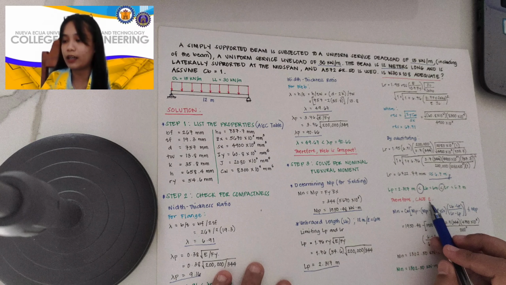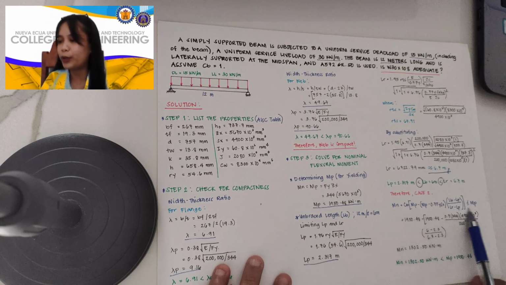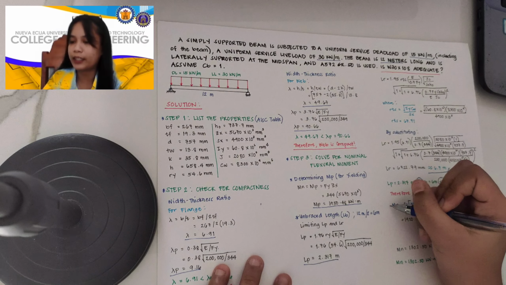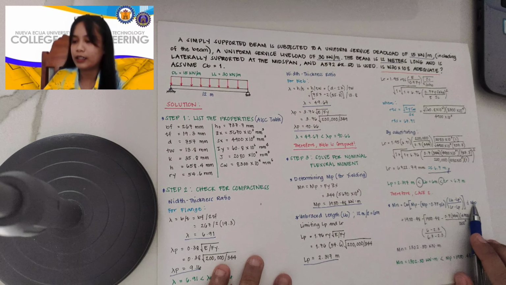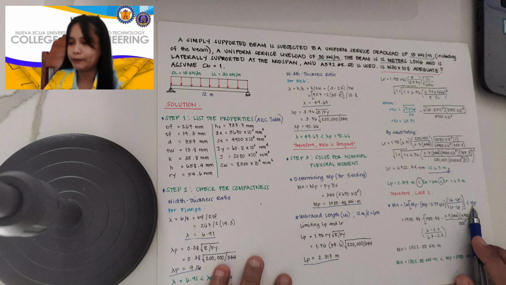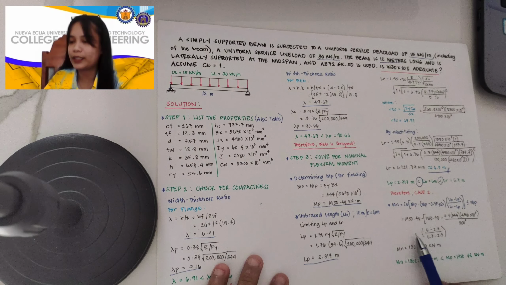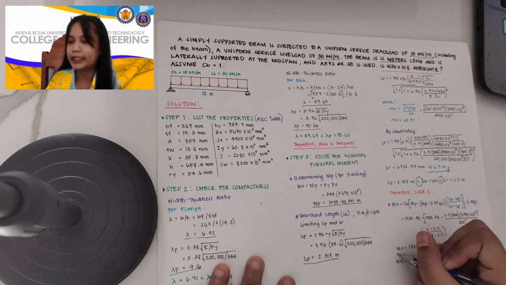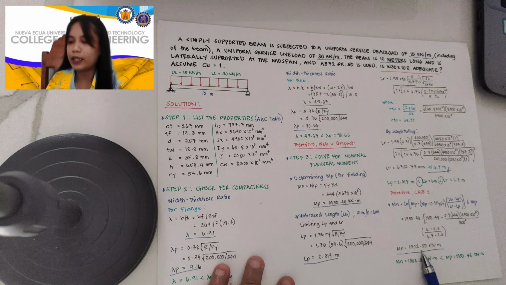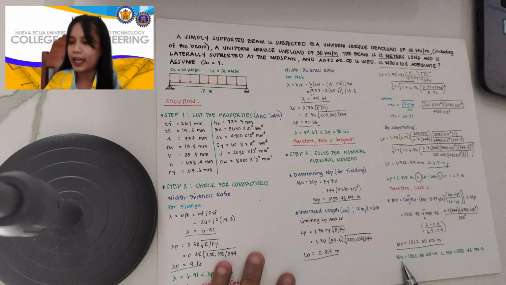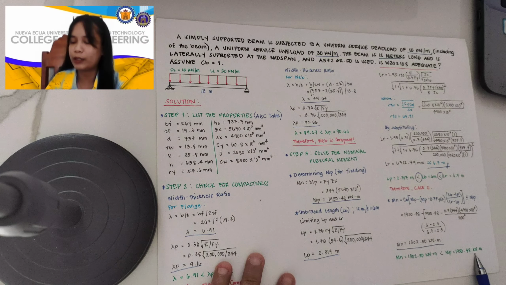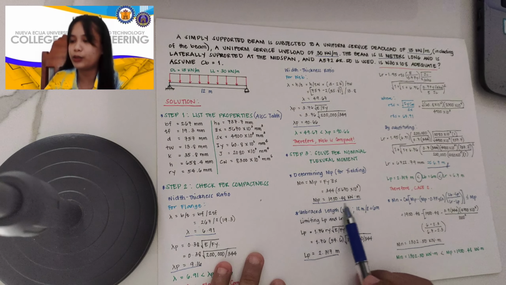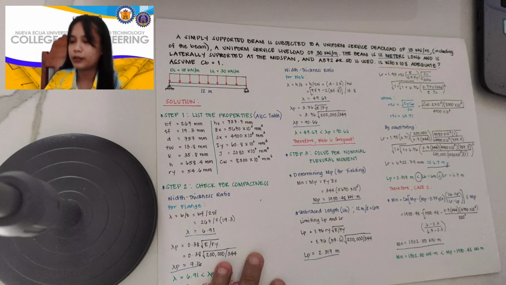Therefore, it is under case 2, which is the formula for computing the nominal flexural moment. By substituting, we will be having the value of Mn is equal to 1,302.50 kilonewton meter and is less than Mp, which we got earlier, 1,950.48 kilonewton meter.